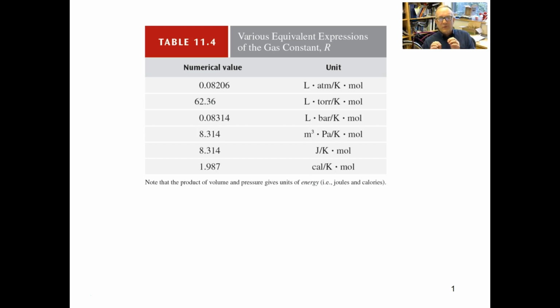Earlier, when we talked about root mean square velocity of gases, we used a value for the gas constant of 8.314 joules per Kelvin mole. In the problems we'll be working throughout involving the gas laws, we're going to use the value at the top of the table, 0.08206 liters times atmospheres divided by mole times Kelvin, with Kelvin times mole all in the denominator.